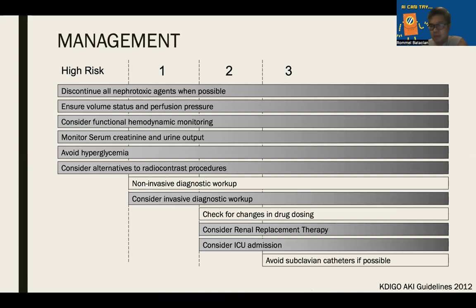In terms of management, for those at risk, if possible, discontinue nephrotoxic agents and ensure good hydration and good volume status. In some cases hemodynamic monitoring is important; commonly used now are certain echocardiogram parameters or Doppler ultrasound to check the hemodynamic status of the patient.